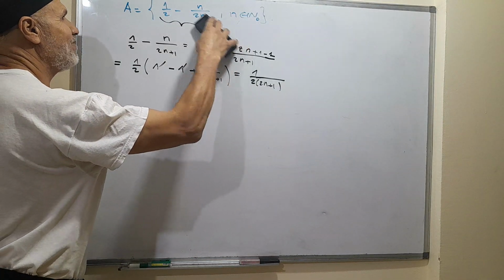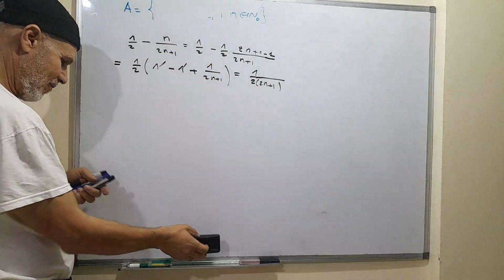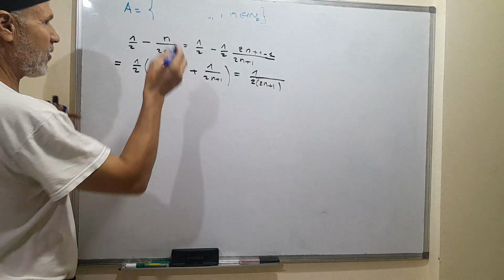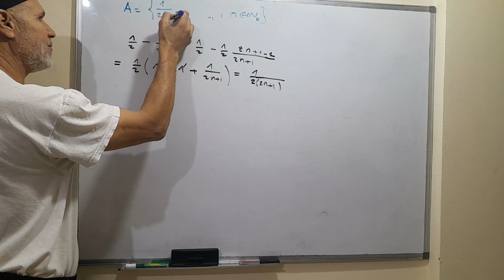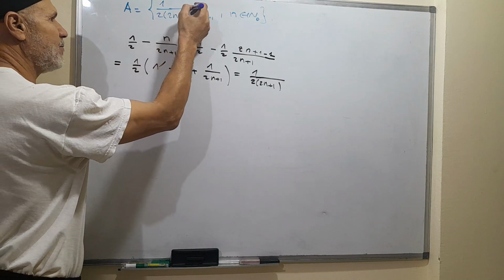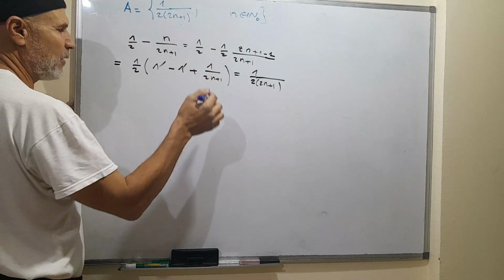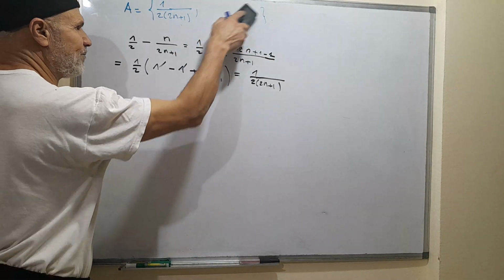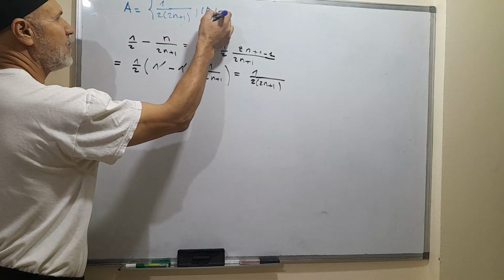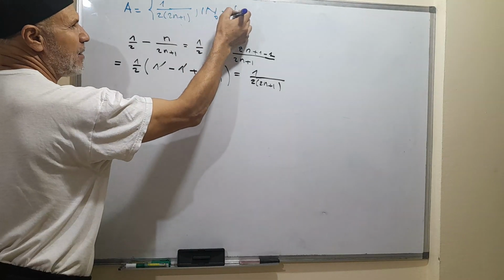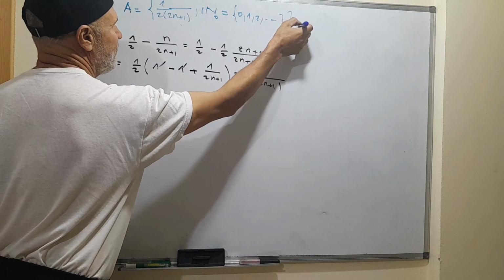Thus, we transform it to this one, for n in N, which means natural numbers starting from 0.